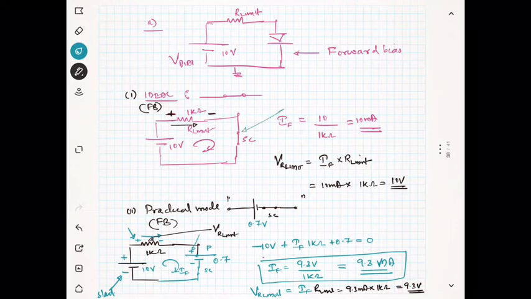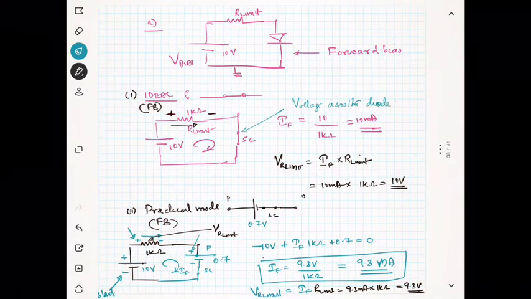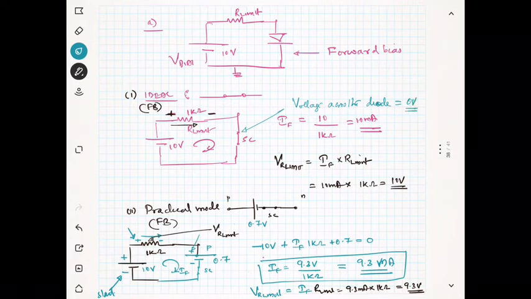This is the diode. The voltage across the diode, it is a short circuit. That means the voltage is 0 volt.